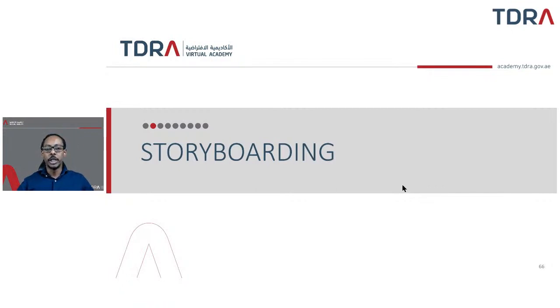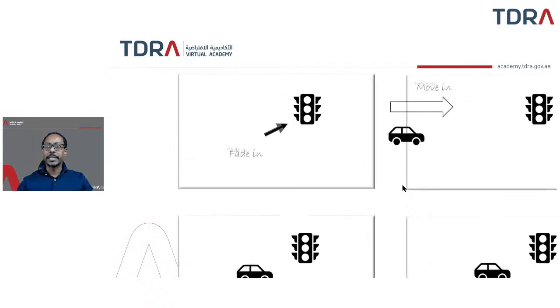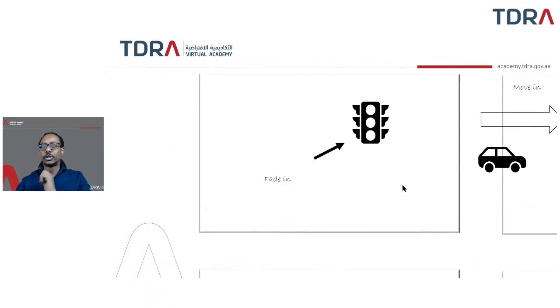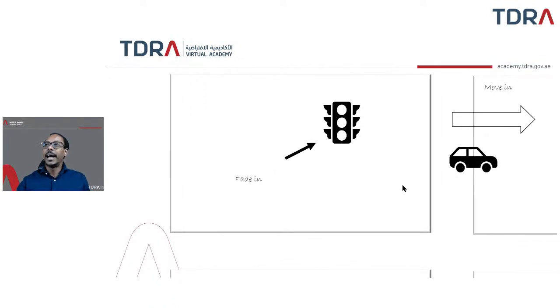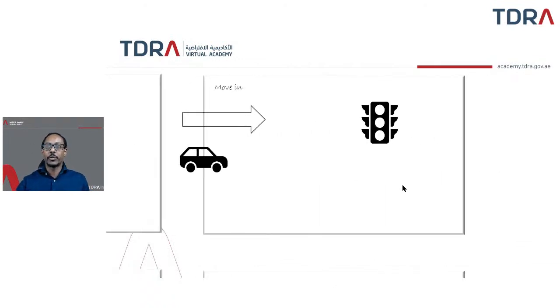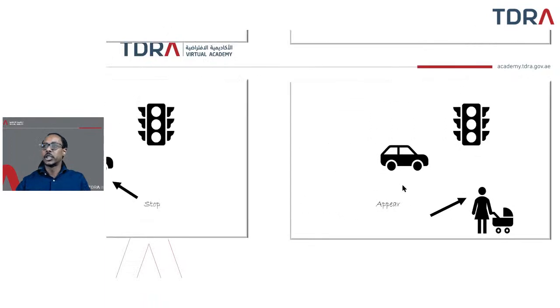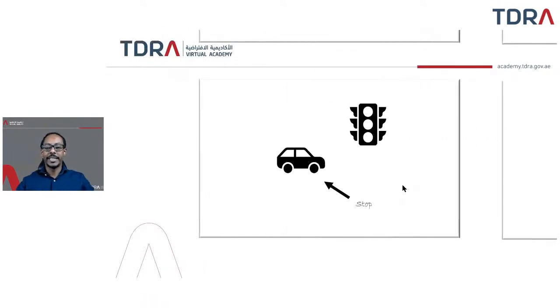Because in storyboarding, you're a director, and all the elements on the slides are actors. So you decide which actor goes to what scene, and then what's the animation required, the movement, what will happen in every slide. In short, what will happen in every scene. Remember, you're a director.